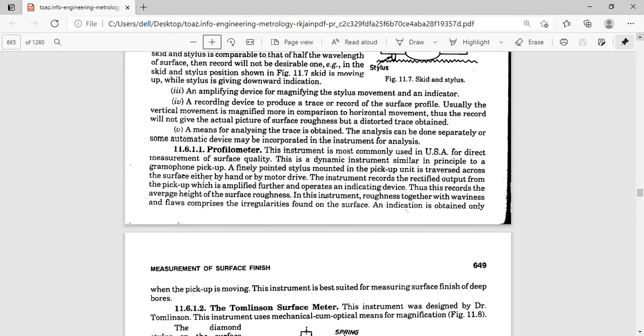The horizontal movement will be half of that, or less than that value. So whenever you are not going for the correct instrumentation setting, the record will not have the actual picture of the surface roughness. It will have a distorted trace. That's why you have to have an analyzer for that.